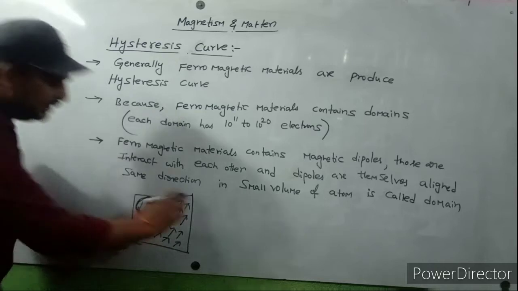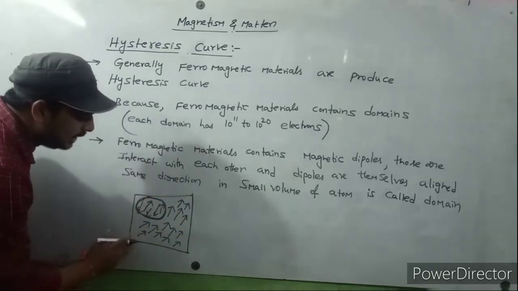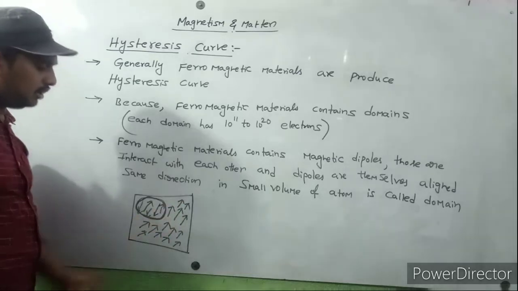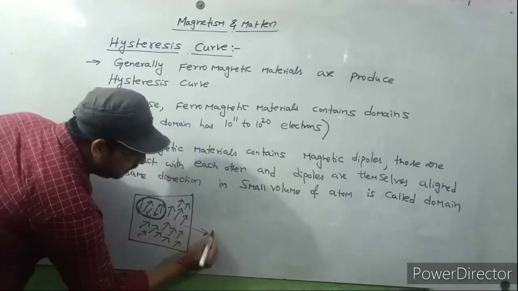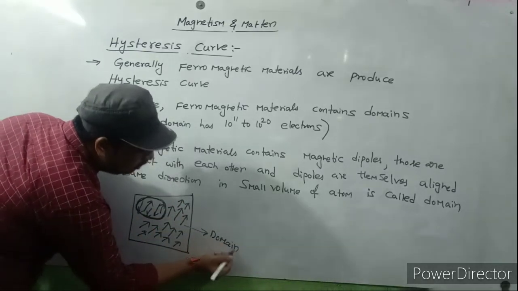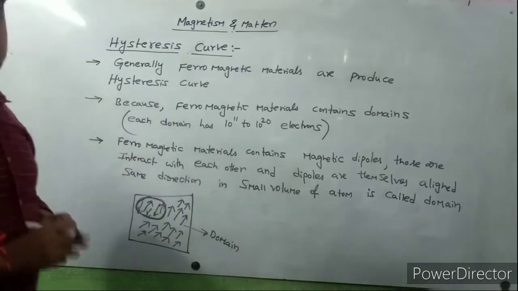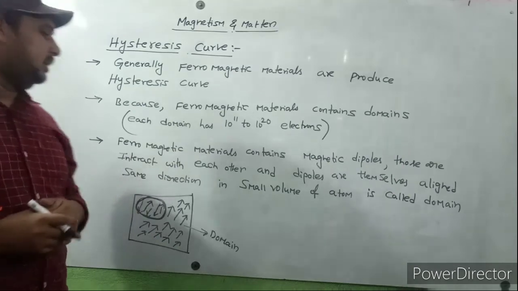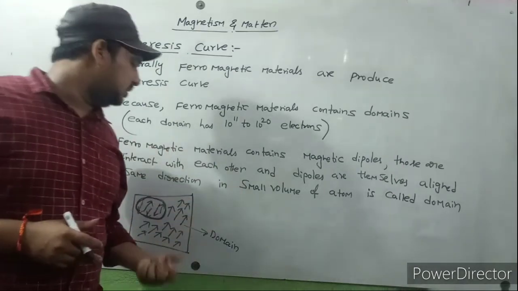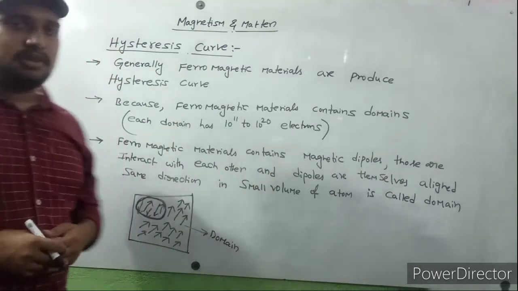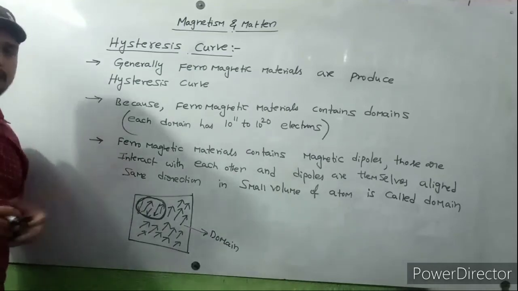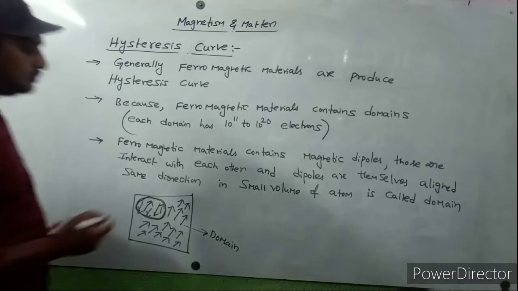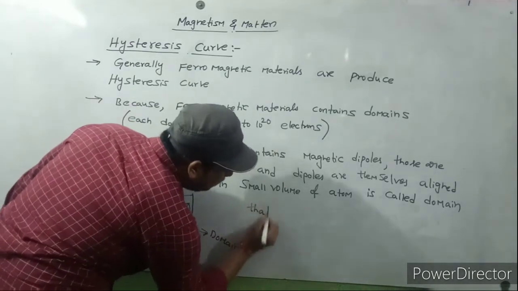The region where many dipoles are aligned in the same direction in a small volume of atoms is called a domain. So each domain contains a large number of electrons.